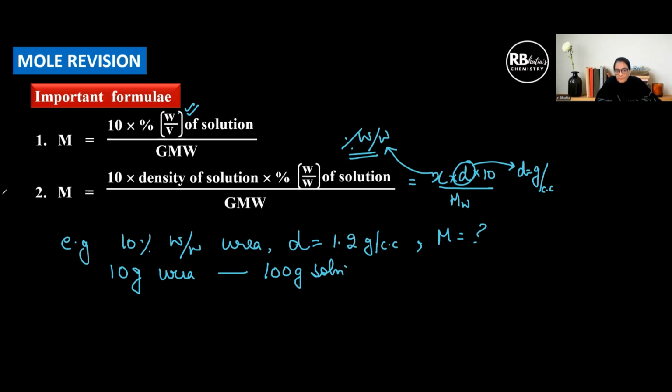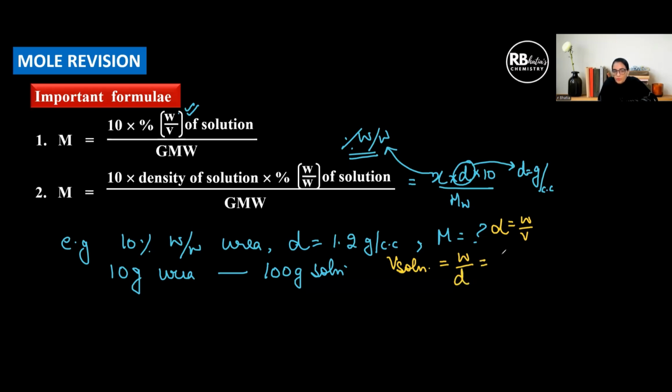Since it's given as 100 gram solution, what do I need? I need the volume of solution to calculate molarity. And I know density is weight upon volume. So volume is going to be weight upon density.